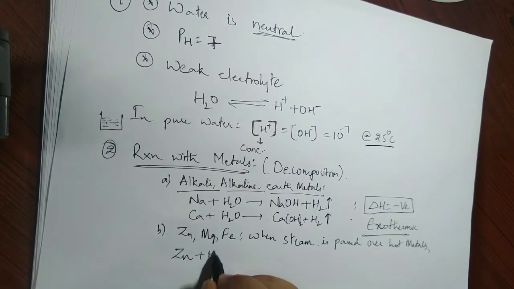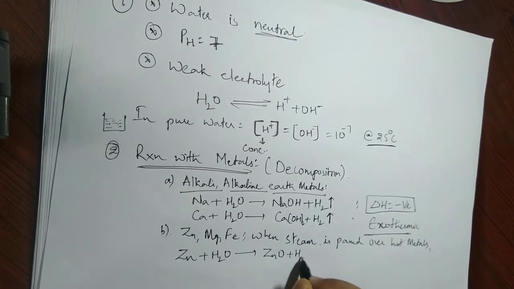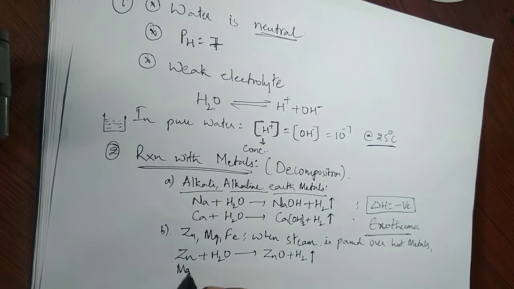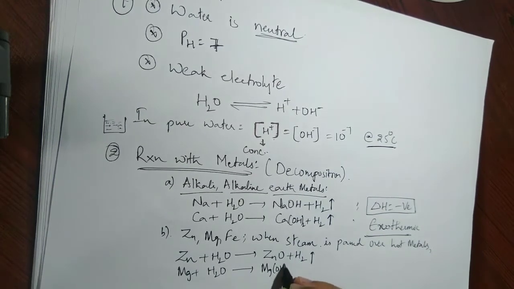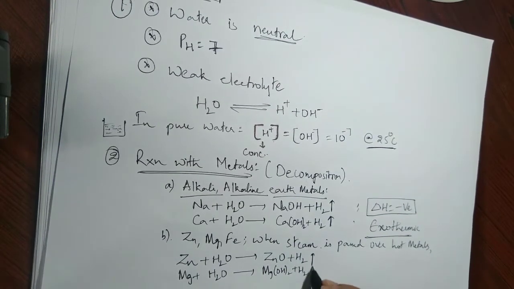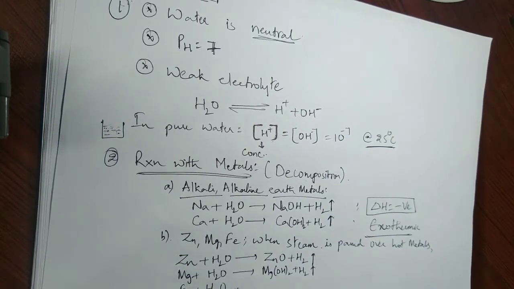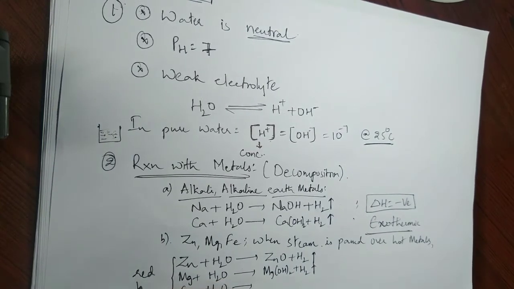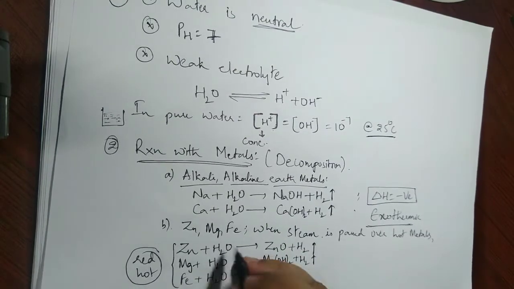Zn plus H2O will form zinc oxide plus hydrogen gas, and in the same way magnesium plus H2O will form magnesium hydroxide and hydrogen gas, and iron plus H2O, don't forget, all of them are what? Red hot metals. They are very hot metals when treated with steam. This is what?